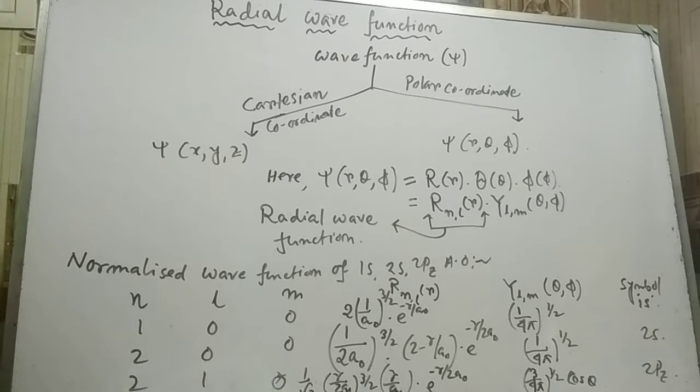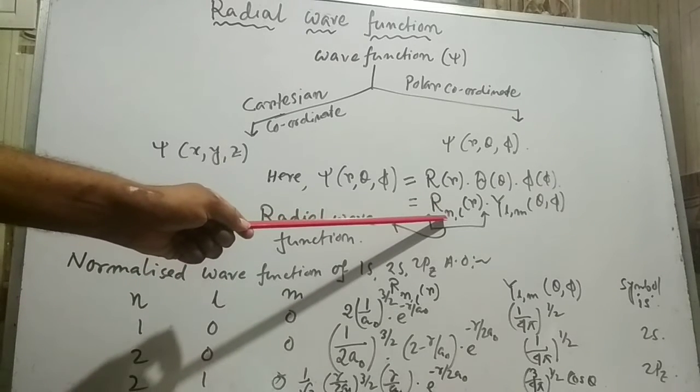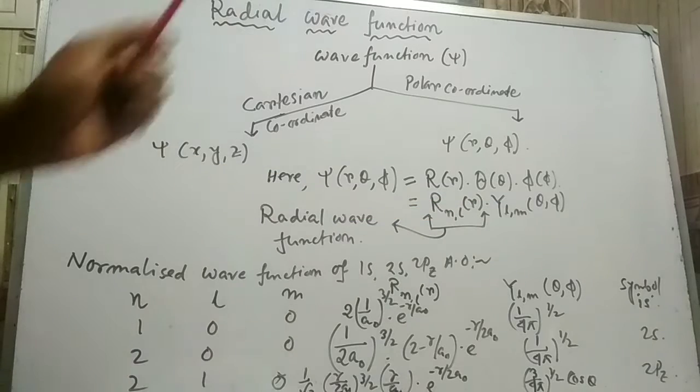It should be remembered that the wave function of an electron in an atom, the so-called atomic orbital, is determined by basically three quantum numbers, n, l and m.